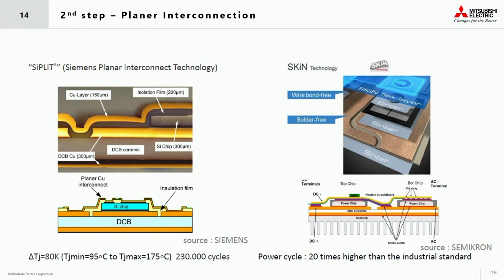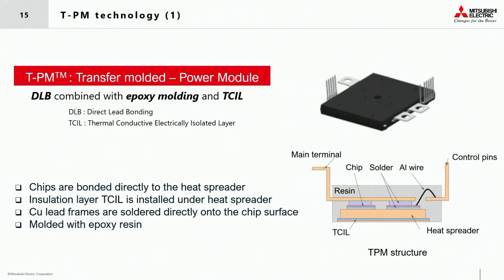And the other is to put on a flexible substrate, such as Semikron's SKiN technology. And we, Mitsubishi Electric, have DLB, direct lead bonding technology. TPM products have been commercialized, combining it with epoxy molding and a thermal conductive insulation sheet.